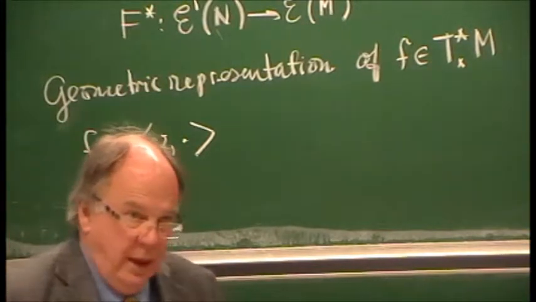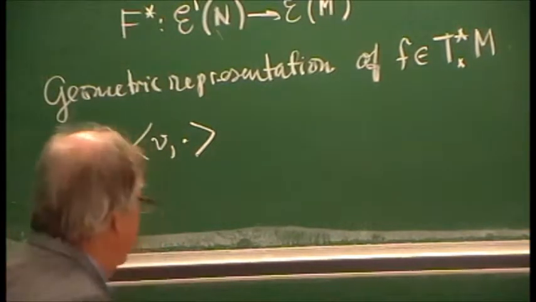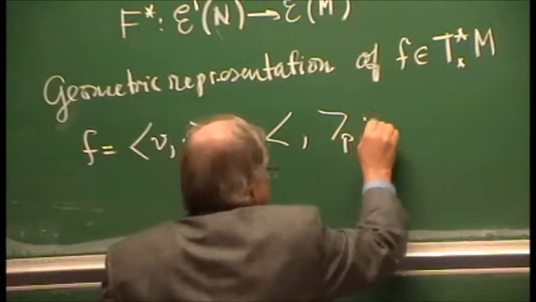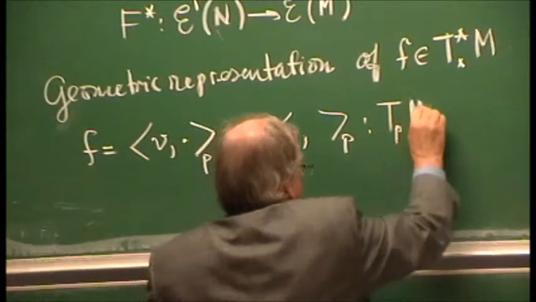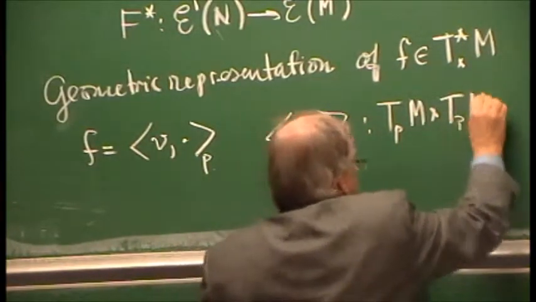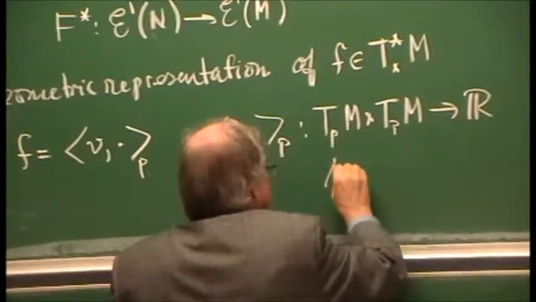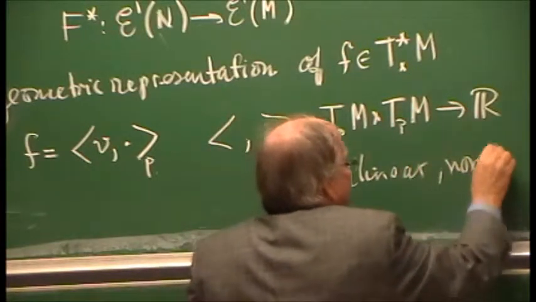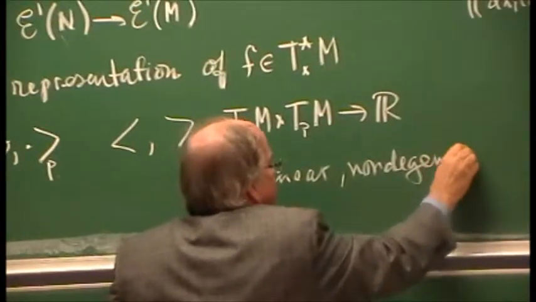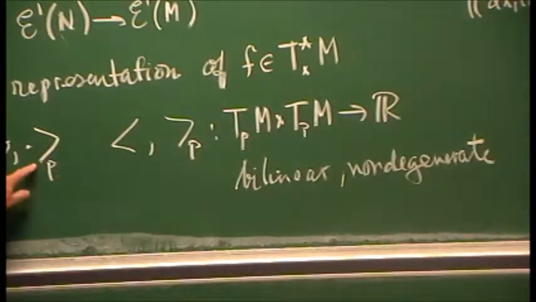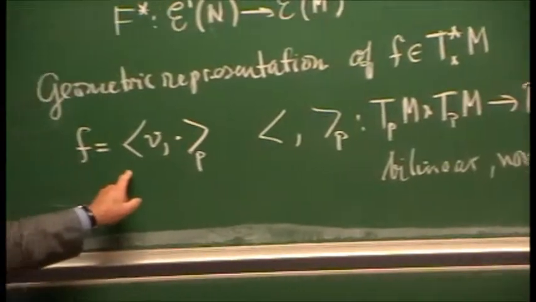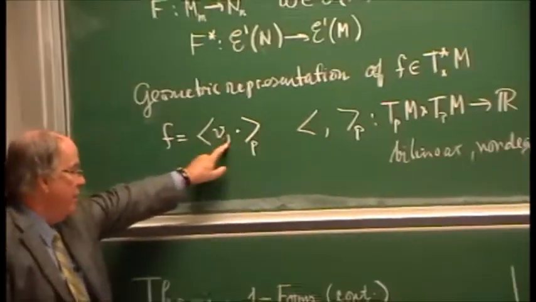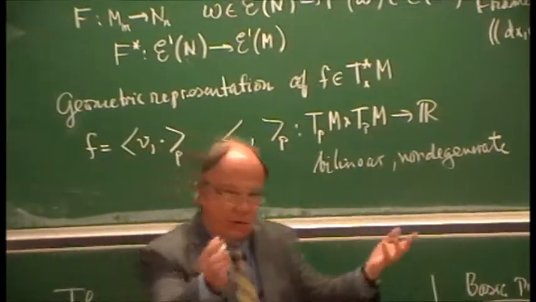Let me even emphasize a notation here, P. This means that we must have some bilinear pairing that is non-degenerate, to make this possible, that every function is represented in this way. So there's a one-to-one correspondence, even a linear correspondence, from functions to vectors, but if and only if you have this pairing.